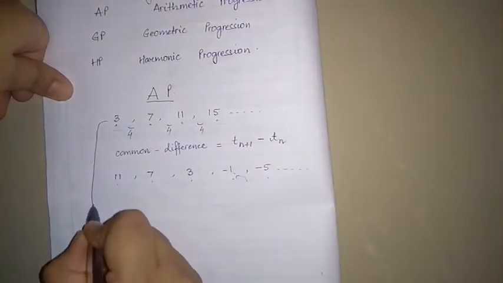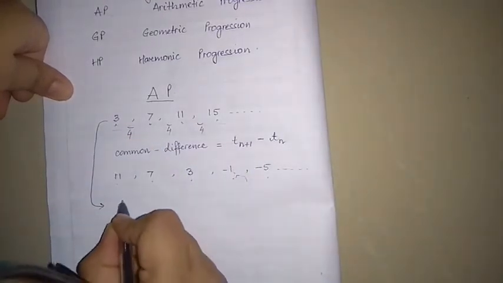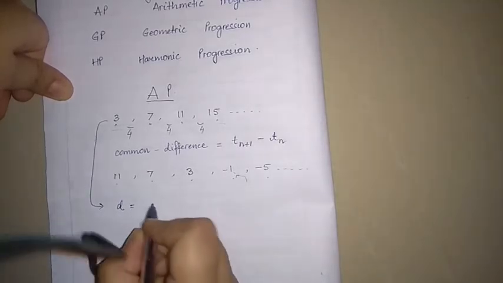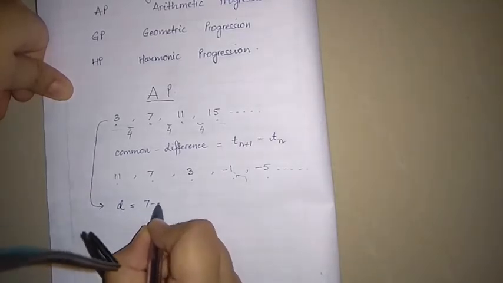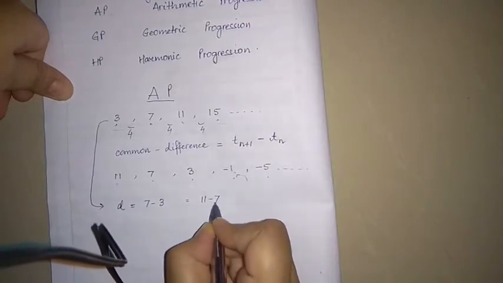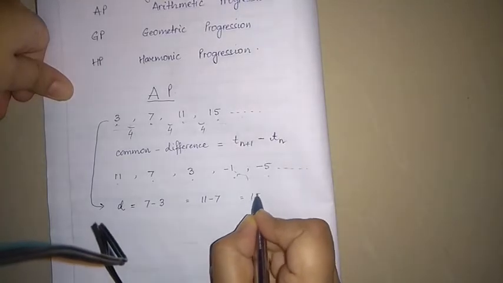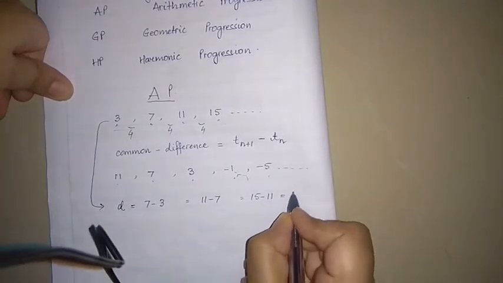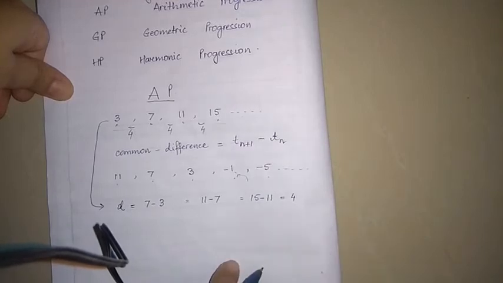In our first example, our common difference, expressed as d, was equal to 7 minus 3, or we can write 11 minus 7, or we can write 15 minus 11. All of these equal 4.